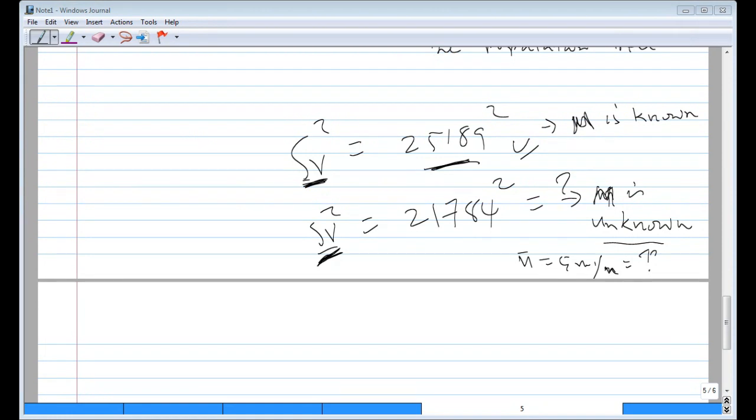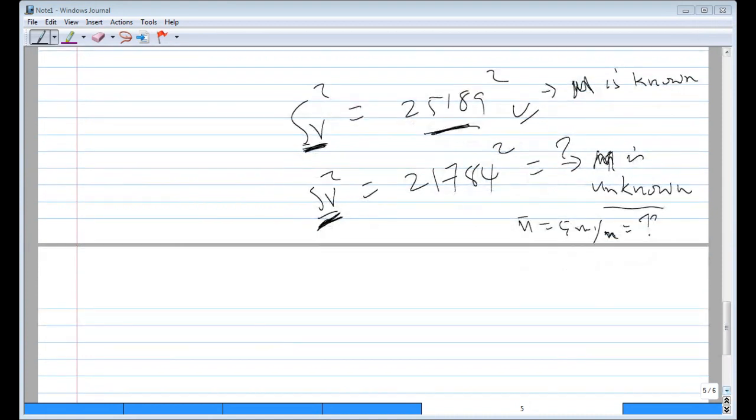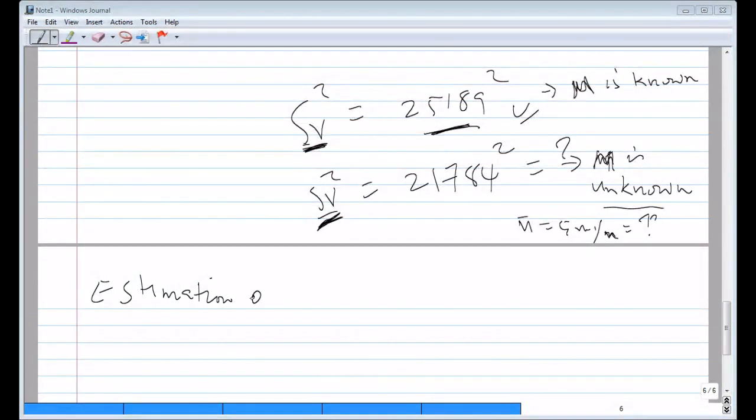Okay, let's quickly go there. Estimation of population proportion.